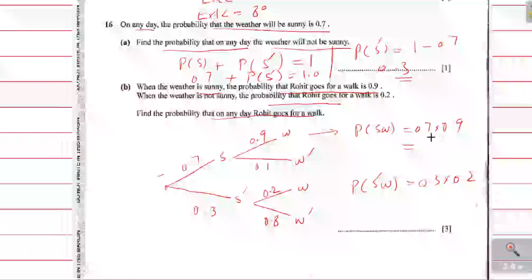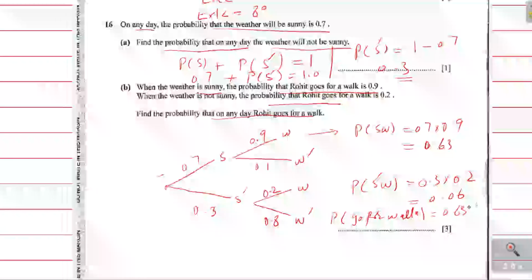This value will be equal to 0.63 and this value equal to 0.06. Now the total probability of going for a walk will be equal to 0.63 plus 0.06, and this value is 0.69. This is the answer.